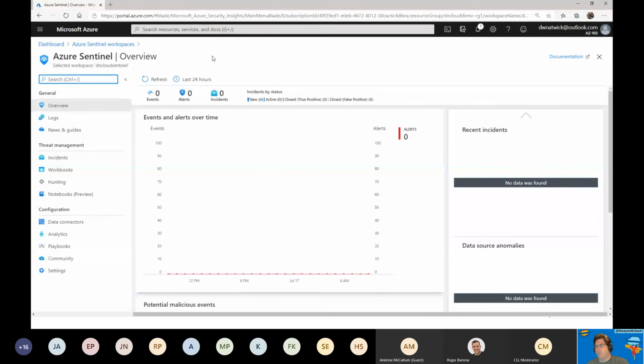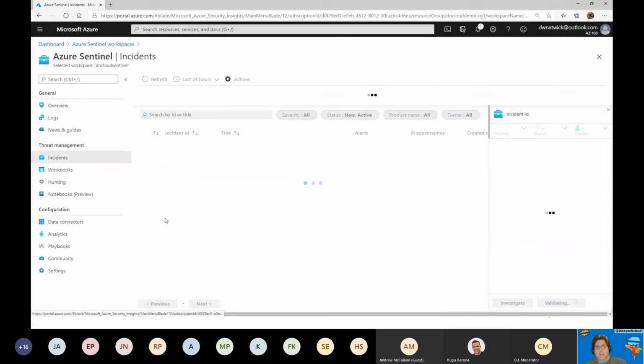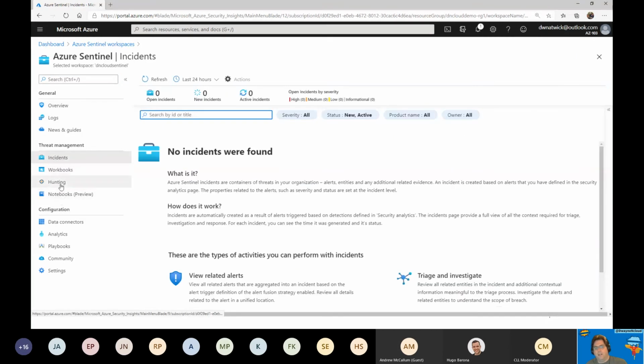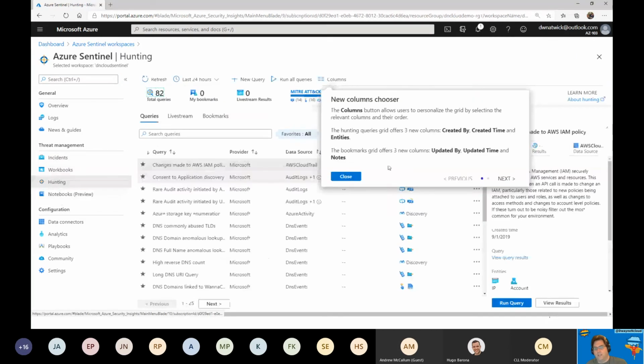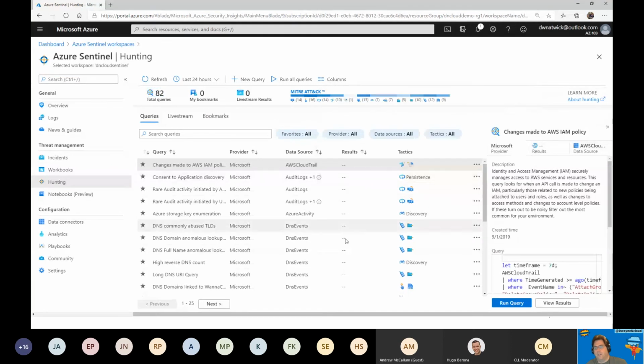So they do complement each other, and Sentinel complements a lot of services. It's really a first step to creating a security operations center, like creating a SOC, because it can create incidents and allow you to investigate those incidents, create workbooks out of those incidents, and respond to those incidents.